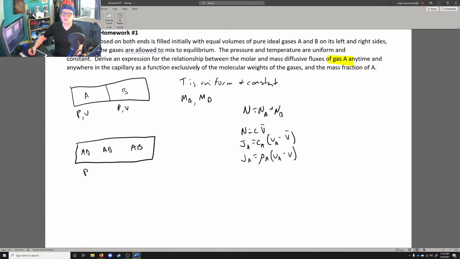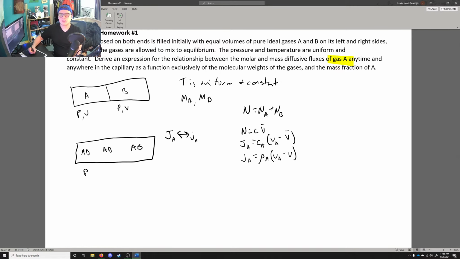So we want to derive a relationship between the molar diffusive flux and the mass diffusive flux. To do this, we first have to look at how this mixing happens.